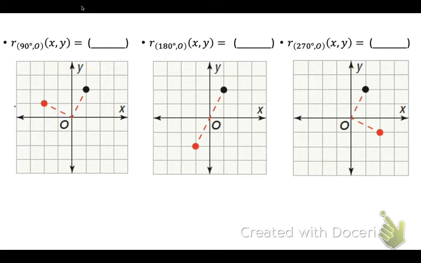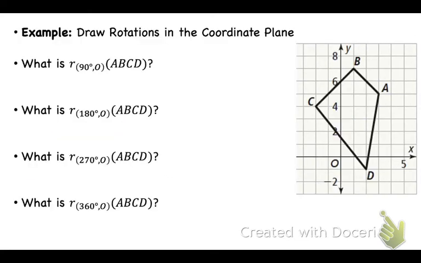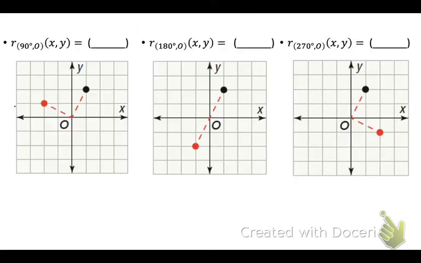Okay, so we have rules just like when we did our reflection. Just like when we did our reflection, we had R of x-axis of (x, y), and that equaled what? (x, negative y)? Correct? That was the rule.